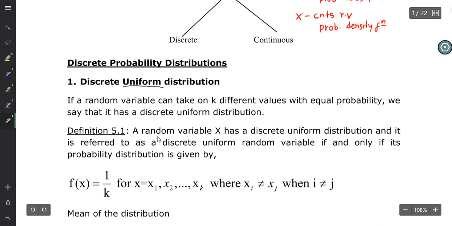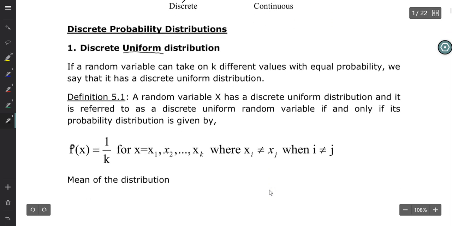Here's the exact definition. A random variable x has a discrete uniform distribution and it is referred to as a discrete uniform random variable if and only if its probability distribution is given by P(x) is 1 over k, for x having values x1, x2 up to xk, where xi is not equal to xj. How do you get this 1 over k?